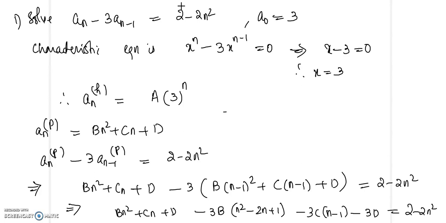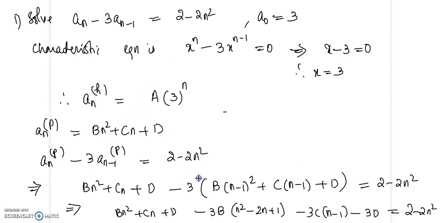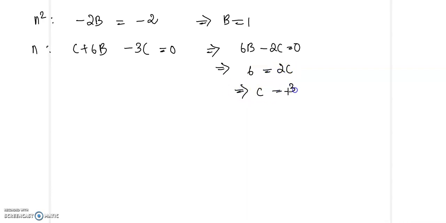That will be c plus 6b minus 3c equal to 0. So we get 6b minus 2c equal to 0, which gives 6 equal to 2c. Therefore c will be equal to 3.